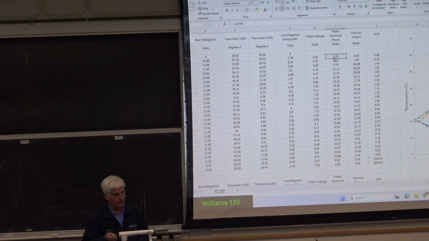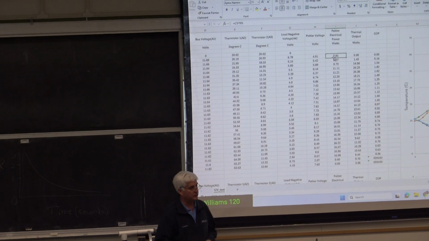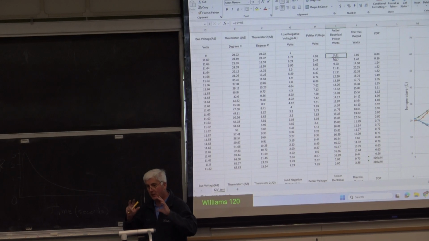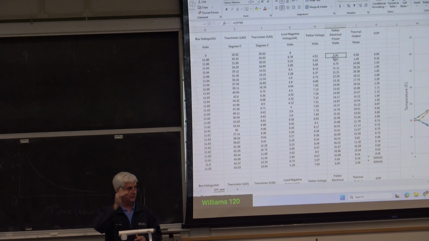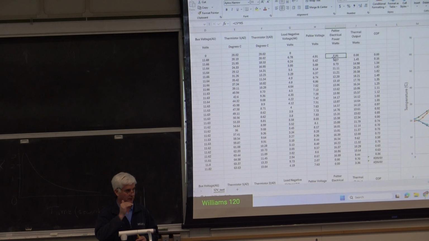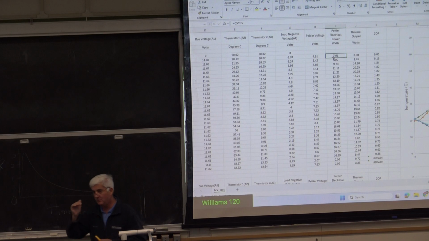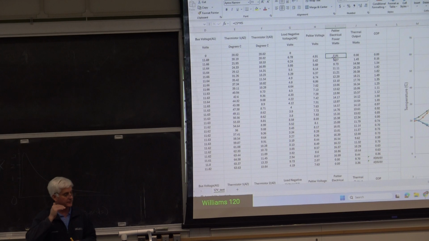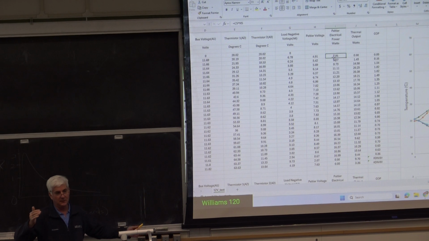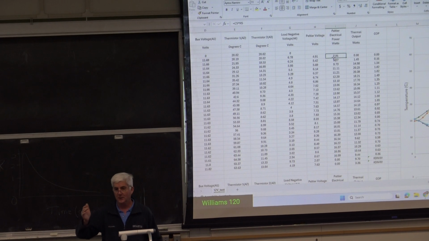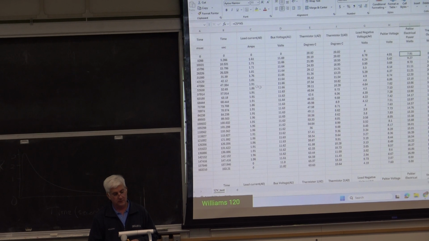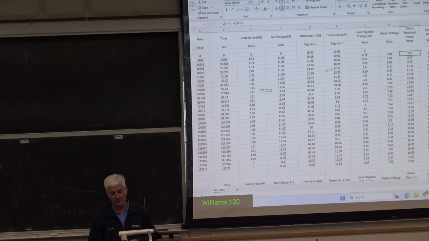Okay, thermal output. A lot of people had trouble with this one too. All you had to do was look at the hot block and the change in temperature from one time to the next time. So whatever temperature increase resulted, you just say Q is equal to m c_p delta T, and for the power, just divide by the time. So you're going to divide by the change in time over here.